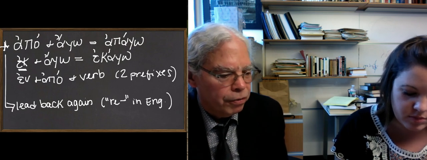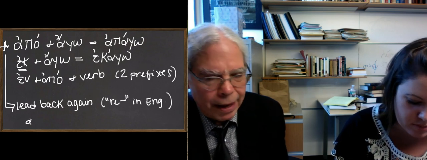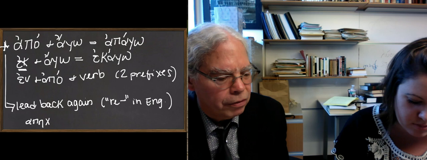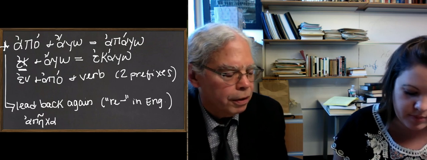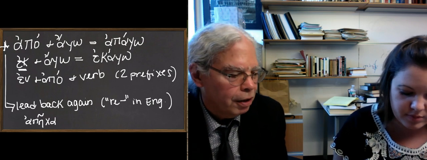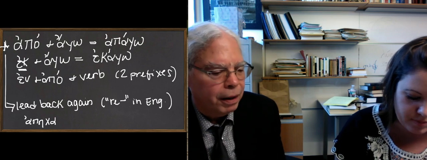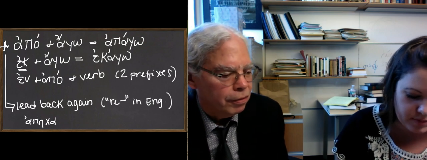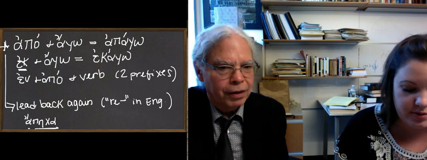So, for example, the perfect of apago is apeocha. It's got an aspirated perfect, the root of ago, with an eta, but you have a circumflex over the eta. It never becomes what you would expect with a recessive accent. It can't go past the actual word.